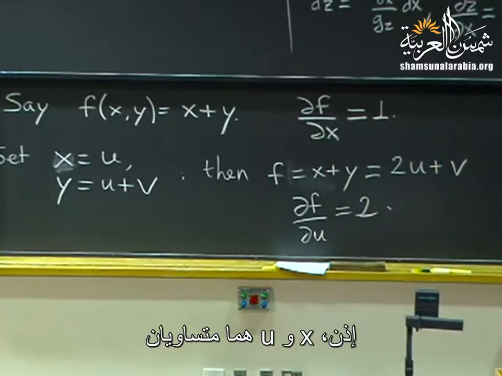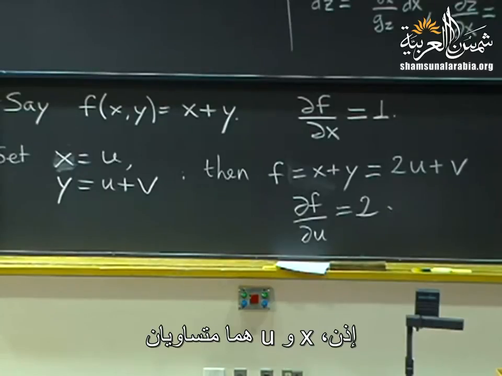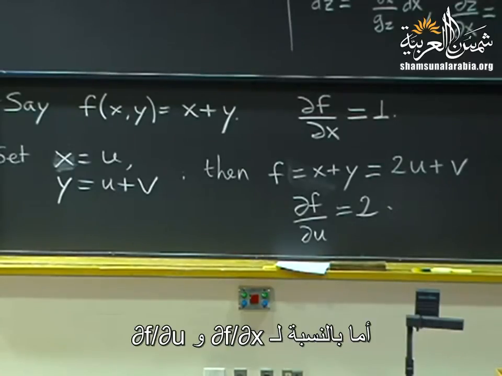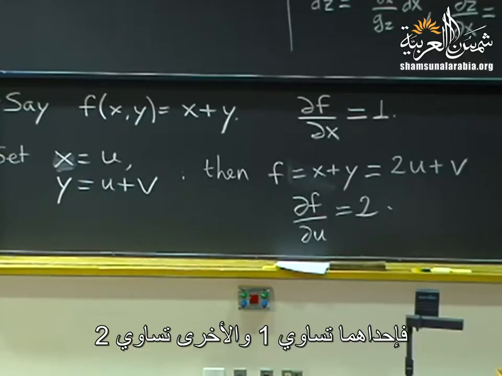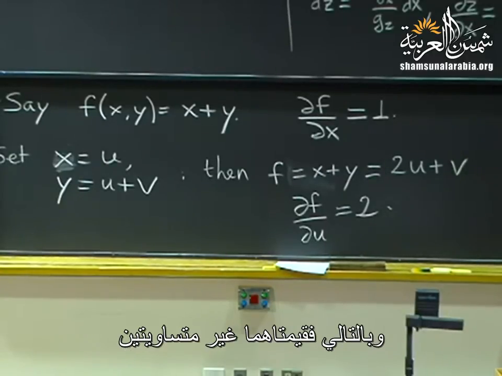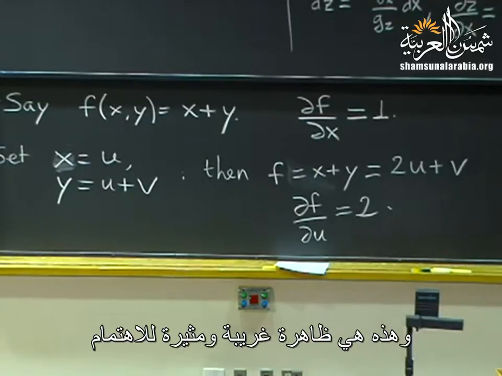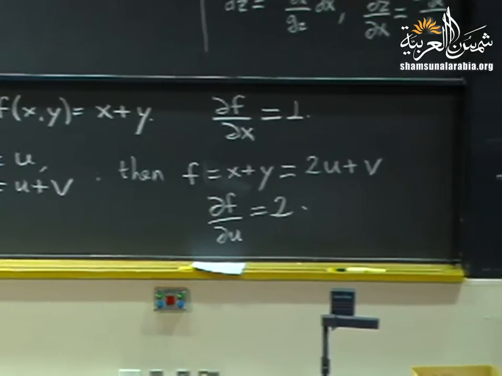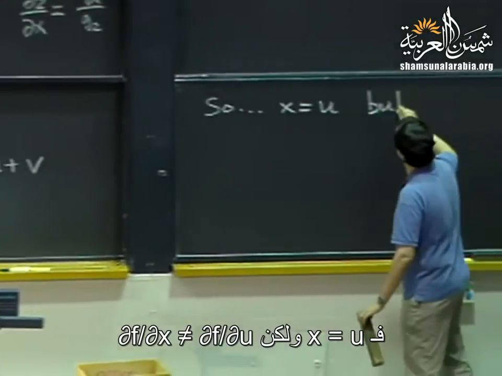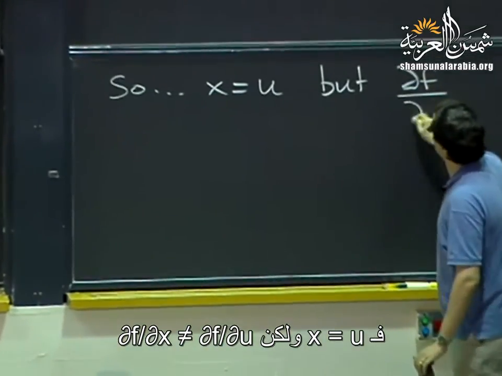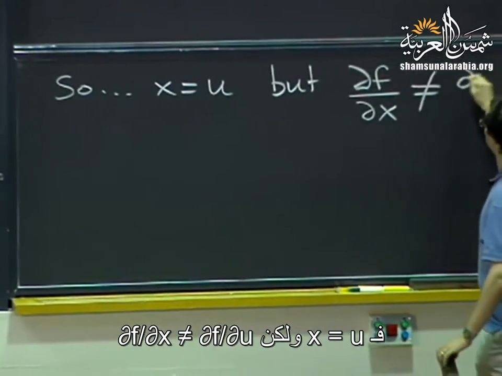So x and u are the same thing. Partial f over partial x and partial f over partial u, well, unless you believe that 1 equals 2, they're really not the same thing. Okay? So that's an interesting, slightly strange phenomenon. x equals u, but partial f partial x is not the same as partial f partial u.